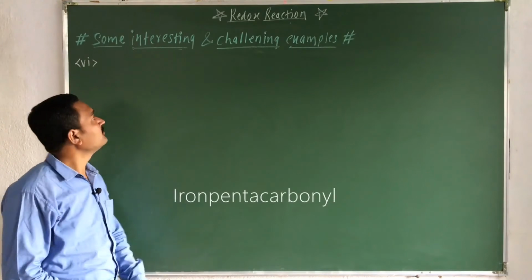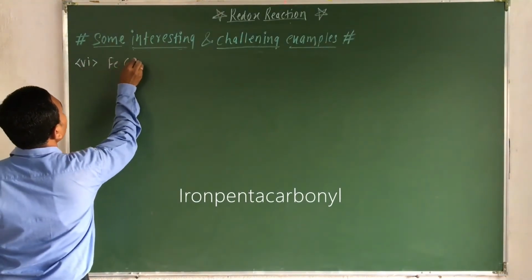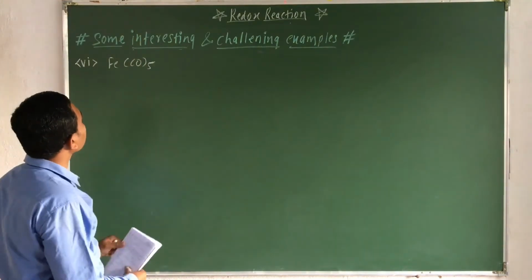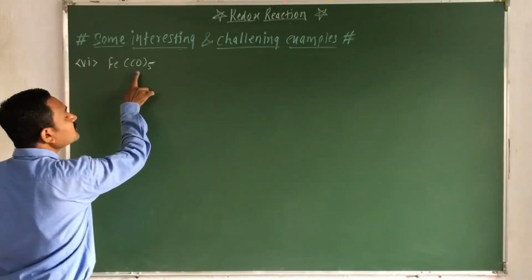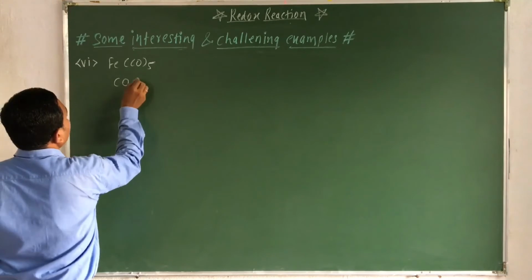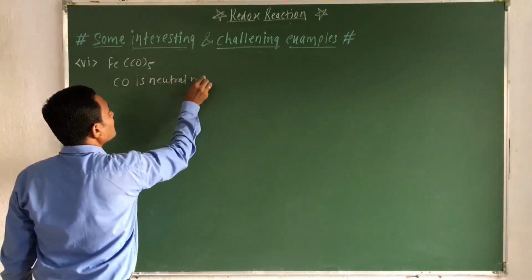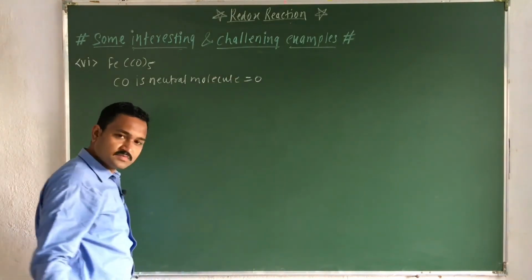So now example number 6, that is Fe(CO)5. This is the example from your metal carbonyls. So here CO is nothing but your carbon monoxide, which is a neutral molecule. Now if it is a neutral molecule its oxidation number equals 0.